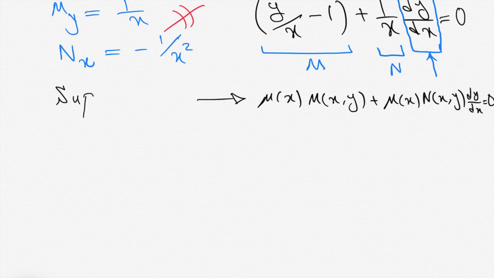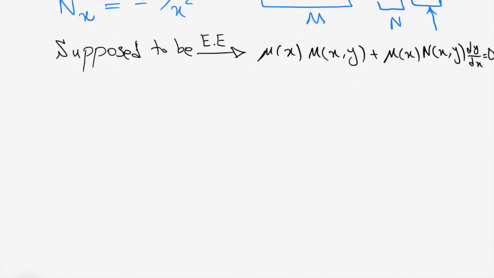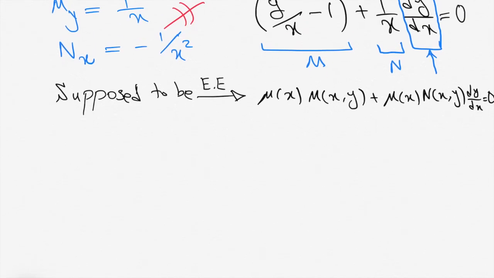This is the thing that is supposed to be an exact equation, right? Because we added this mu of x to make it exact actually. So we're now going to multiply these things.